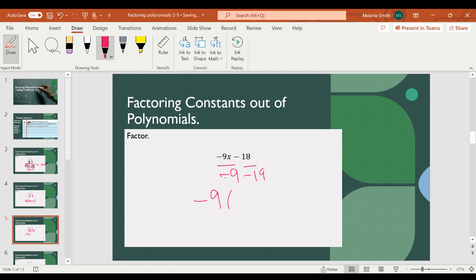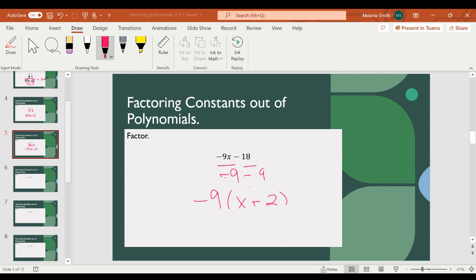Negative 9x divided by negative 9 is just 1x, and so that is x. And then negative 18 divided by negative 9, negative divided by a negative is a positive, and 18 divided by 9 is 2. So when I factor that out, I get negative 9 times x plus 2.